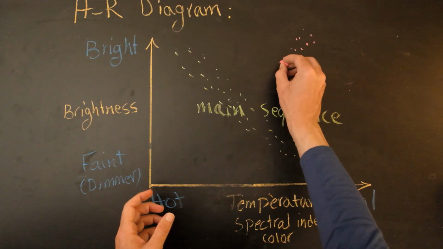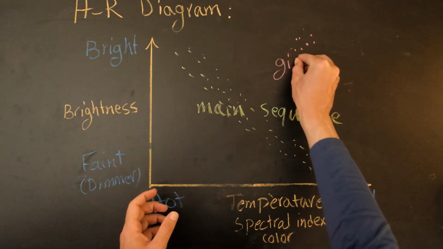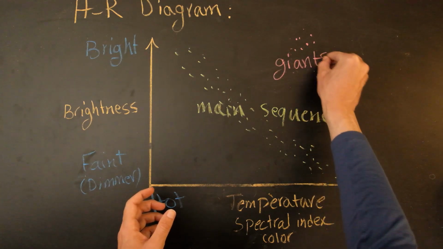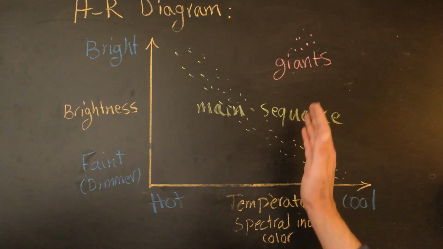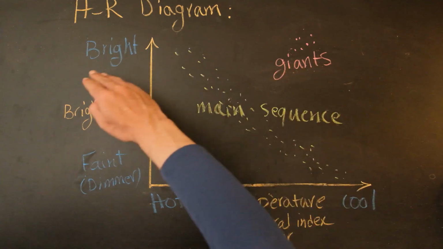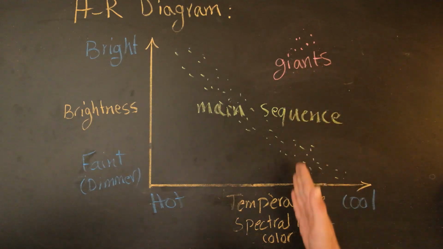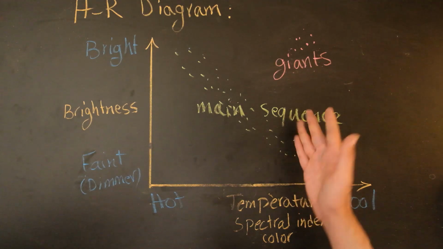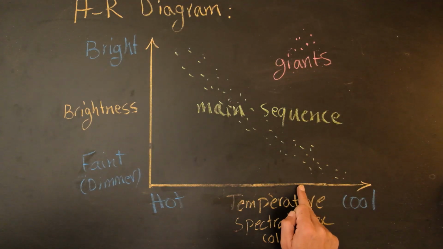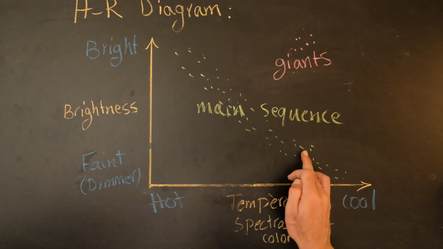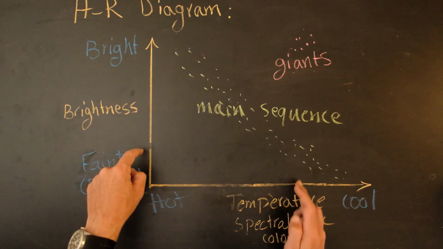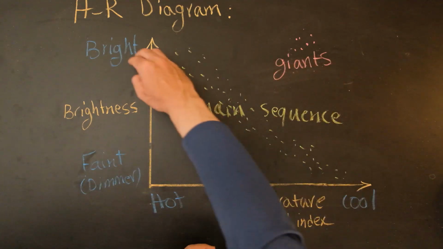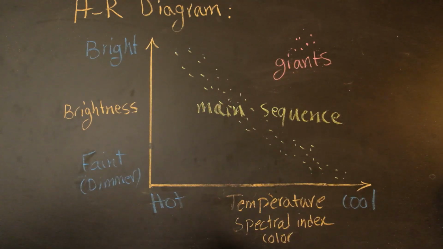So this is for giants. So you can see giants are much brighter compared to similar temperature. So for example, let's take this temperature. For main sequence, we have this brightness, but for the same temperature for giants, we have this brightness, which is much higher.